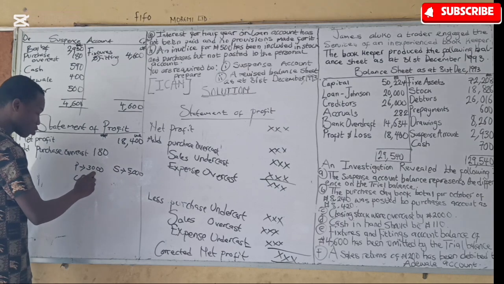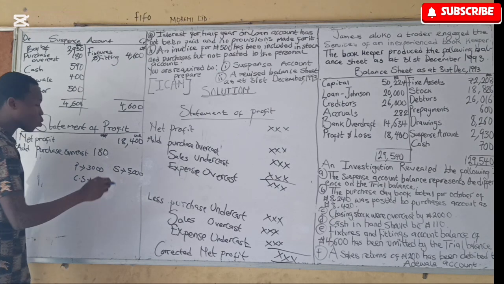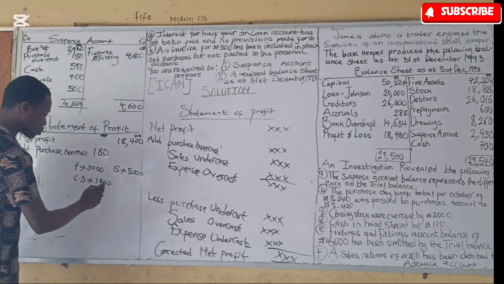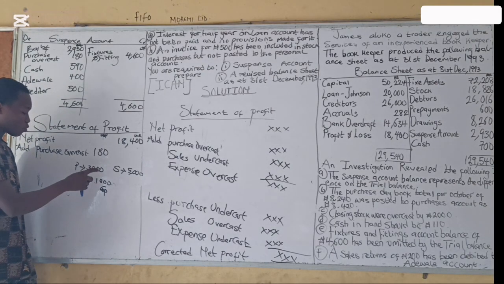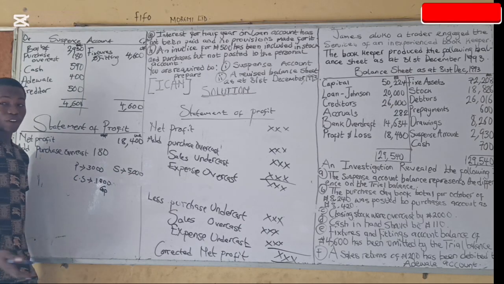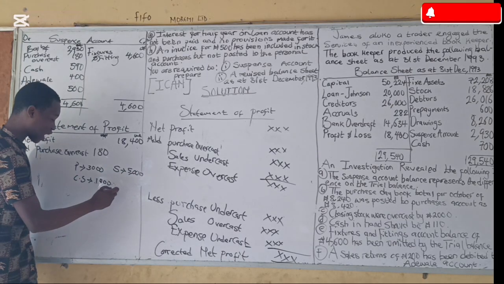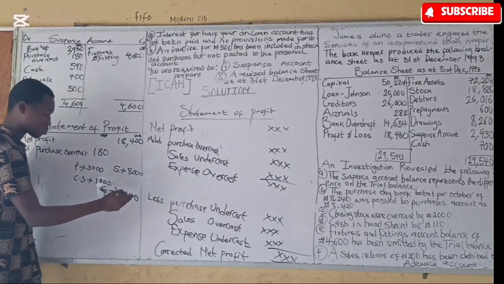Your closing stock is 1,000. So what is going to be your gross profit? You subtract your closing stock from your purchase, which is 2,000 naira. Then subtract it from 5,000, which is what? 3,000. You get it now? So 3,000 is your gross profit.